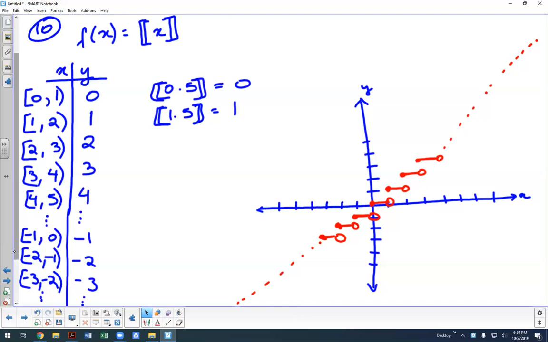I'm not using 0 here, but I did use 0 over here, because even though it wasn't included on this interval, I did include it on that other interval. So you're not skipping any x value. So your domain is going from negative infinity to positive infinity.